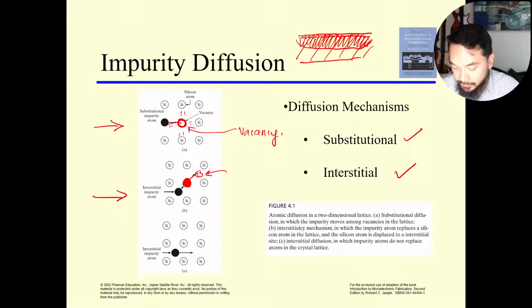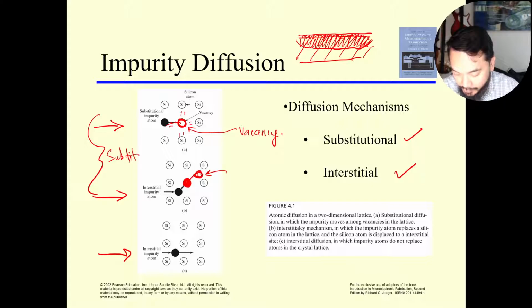The silicon atom which has been displaced will just reside in the interstitial position. Interstitial position, if you can recall, is when you have the atom residing in an area or volume which is not the designated lattice point according to the crystal structure. So it can be in between all the other atoms. These two are substitution.